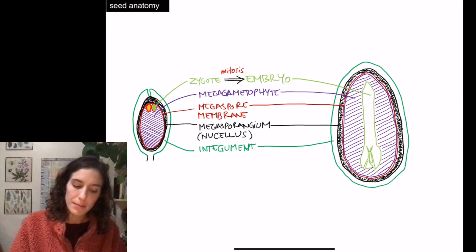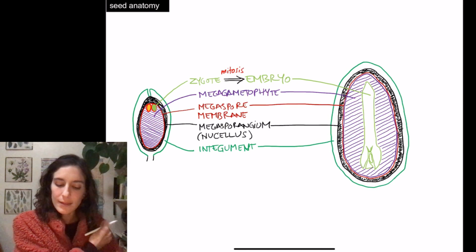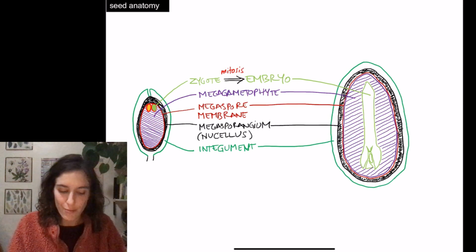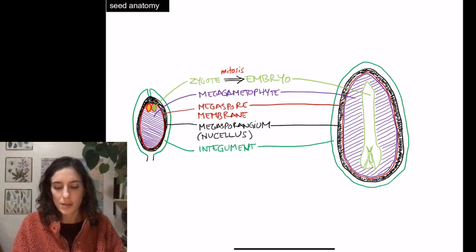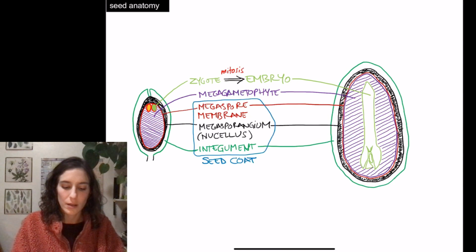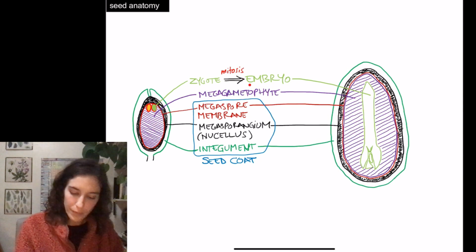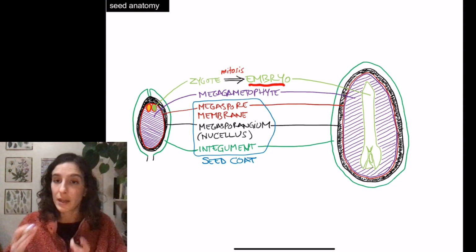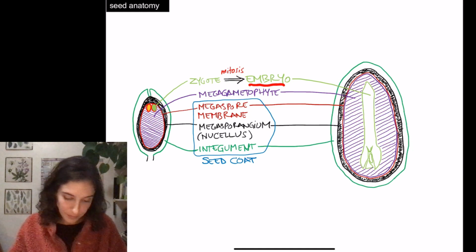Well, over time, there's going to be some mitotic divisions of that one zygotic cell, and it's going to form an embryo, and that's what we see here. This on the right is an older seed. So on the outside of the embryo, seen in green, we have the megagametophyte, okay?